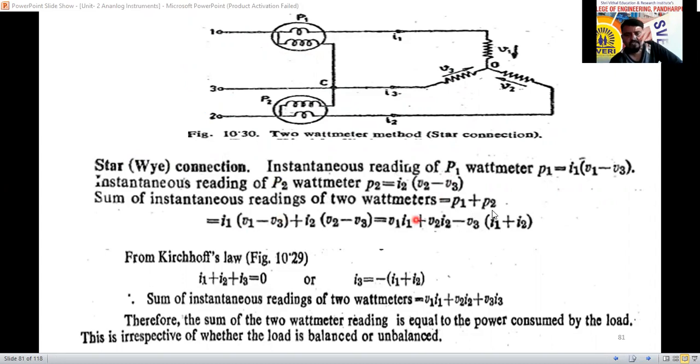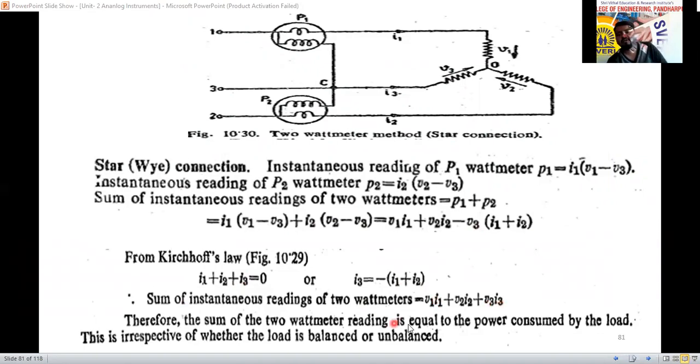Substituting, P equals P1 plus P2, which splits into V1 I1 minus V3 I1 plus V2 I2 minus V3 I2. Taking minus V3 outside, we get (I1 plus I2). According to Kirchhoff's current law, the algebraic sum of currents meeting at a junction is equal to 0. So I1 plus I2 plus I3 equals 0, or I3 equals minus (I1 plus I2). Substituting here, we get the instantaneous power V1 I1 plus V2 I2 plus V3 I3.